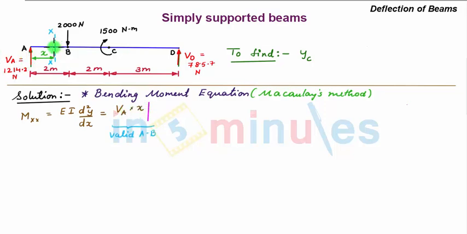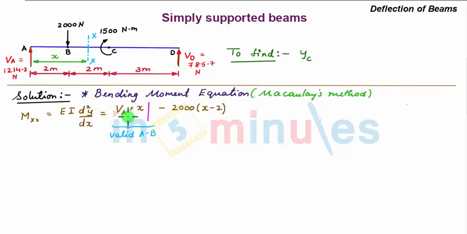Now let's move this section towards the right, that is beyond point B, such that our section XX is now between point B and C and at a distance x from point A. Now if we write the bending moment equation about section XX, by considering the left hand side, we can write Mxx as VA into x, which will be the same, then minus 2000 into x minus 2, which represents the anti-clockwise moment due to this downward force of 2000 Newton acting at a distance of x minus 2.